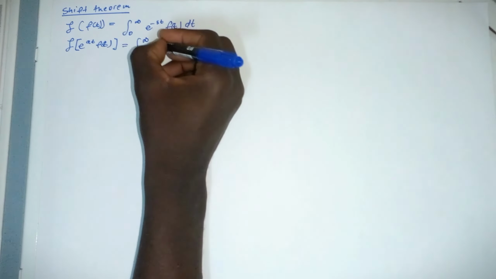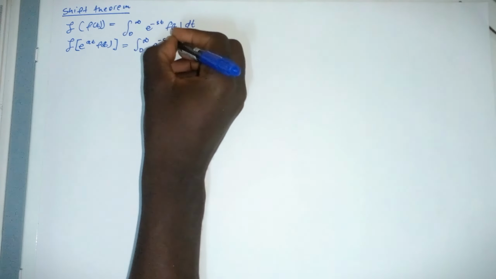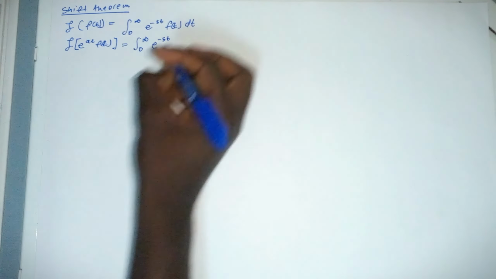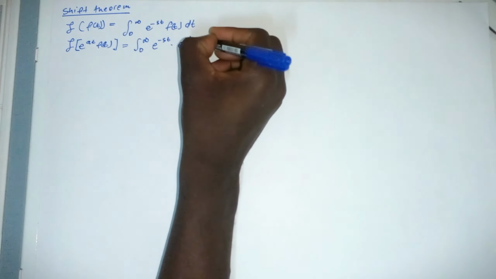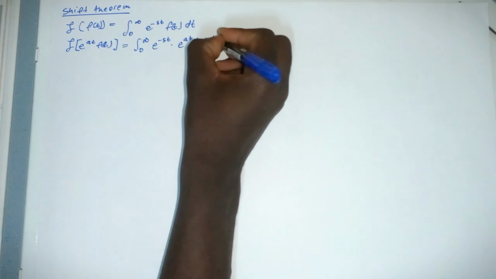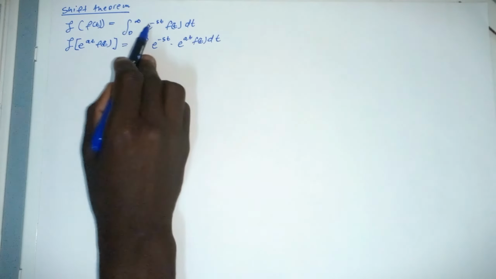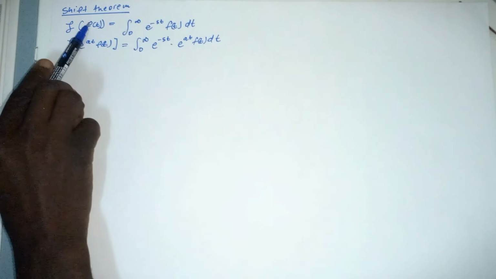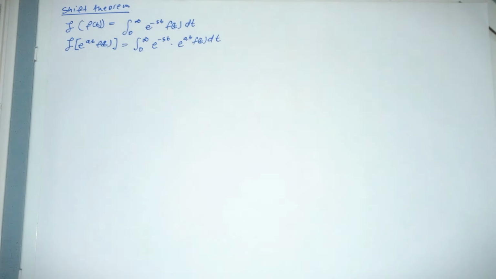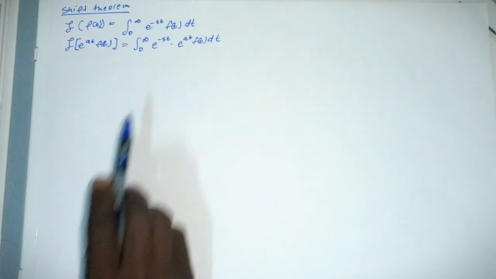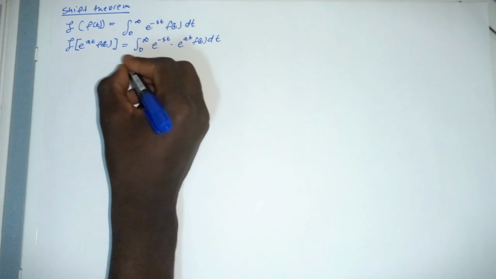Okay, and we're going to write e to the power negative st, and we're going to write this e to the power at f(t) dt. This formula and this formula are just the same. Okay, f(t) in this case is e to the power at f(t). Okay, and we're going to use laws of indices, since we have e and e, so that means we have the same base.